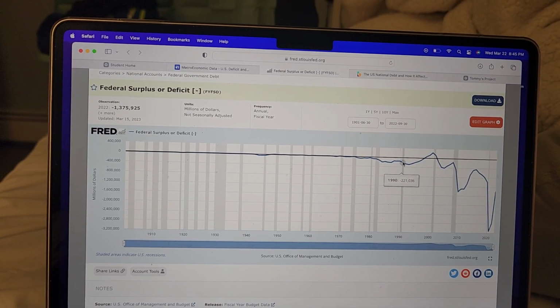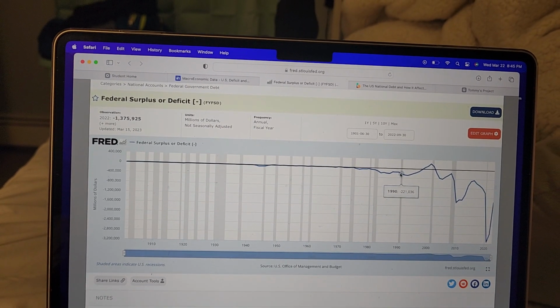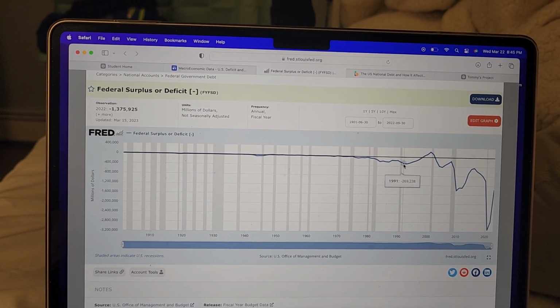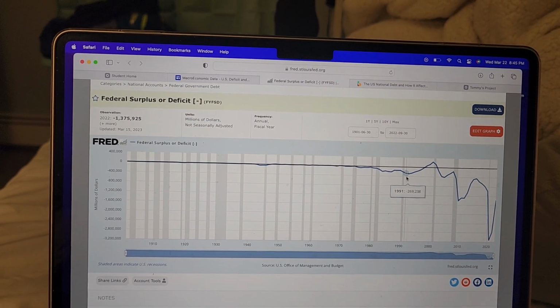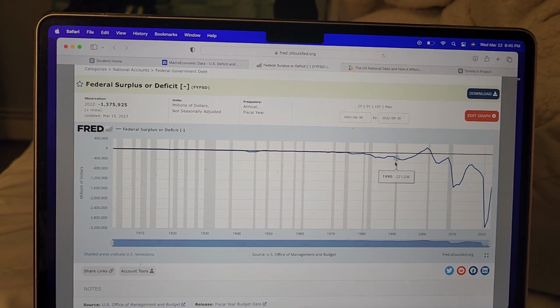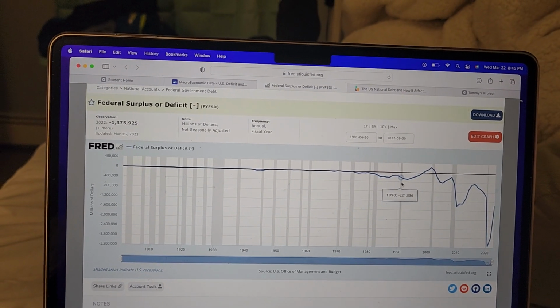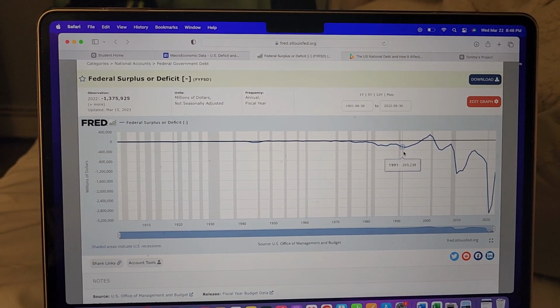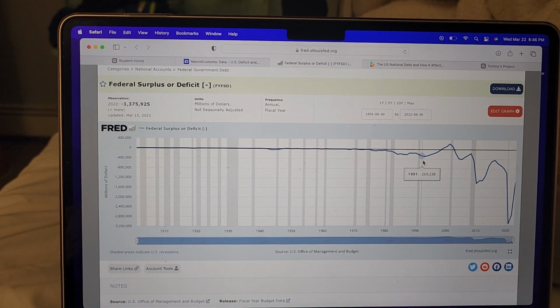And then again, within 1990, there's another small recession, and we see a dip immediately following, which indicates more government spending, probably in bailouts, to stimulate the economy.